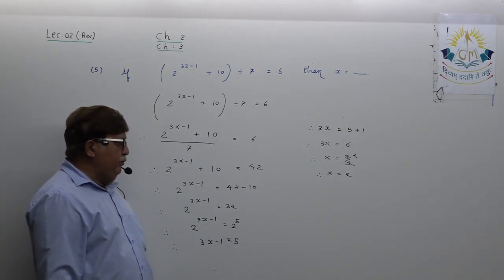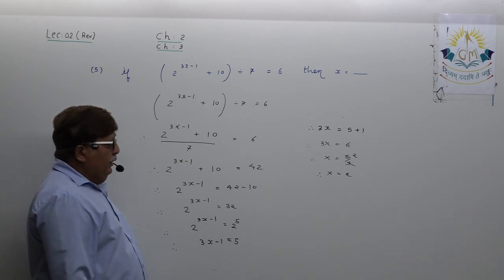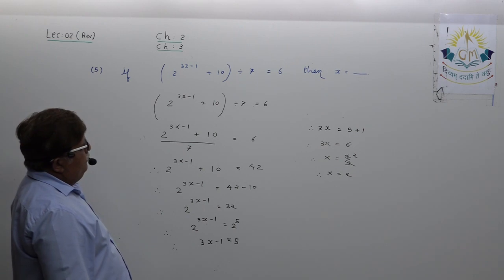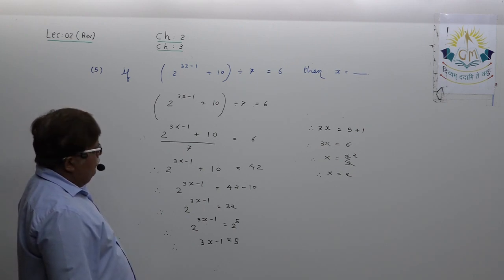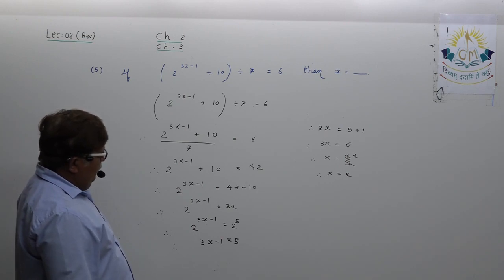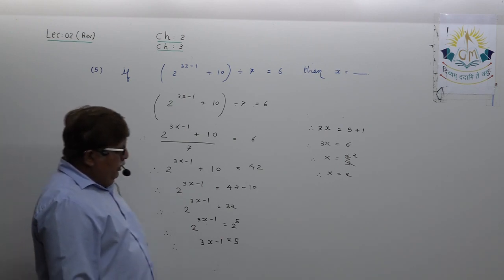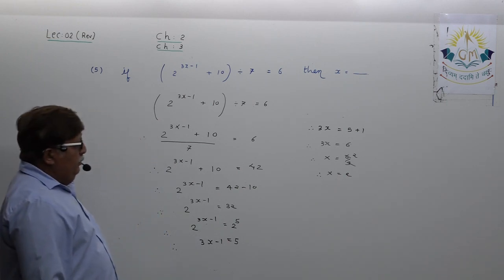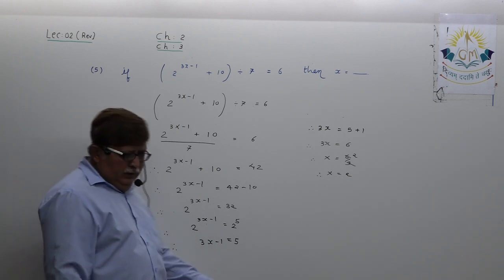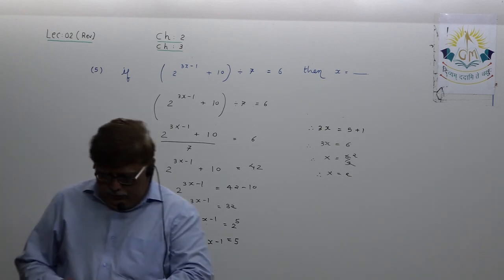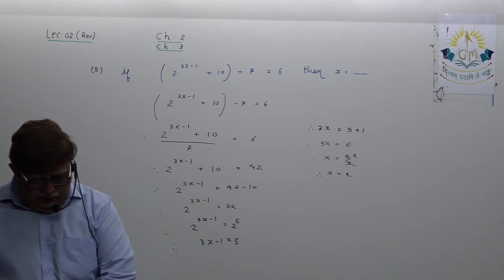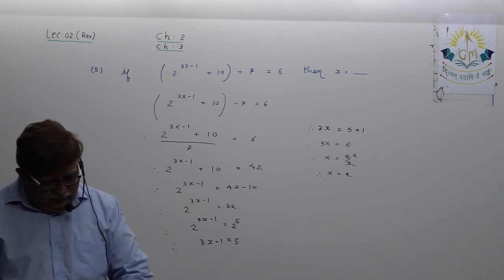Just verify this and try to understand this. Is it clear? x equal to 2. That is our final answer. Just verify before we go for a few more examples of this category with little variation.